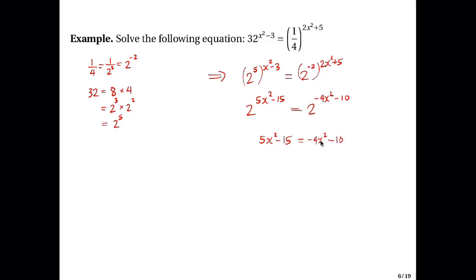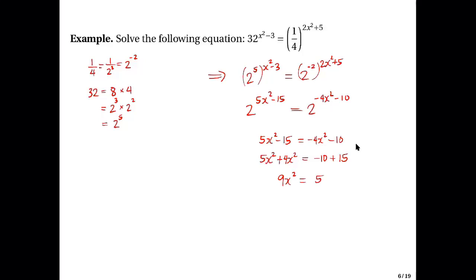We bring this minus 4x squared to the left-hand side, and minus 15, we bring to the right-hand side. So we have 5x squared plus 4x squared equals minus 10 plus 15. On the left-hand side, we have 9x squared, and on the right-hand side, we have 5.